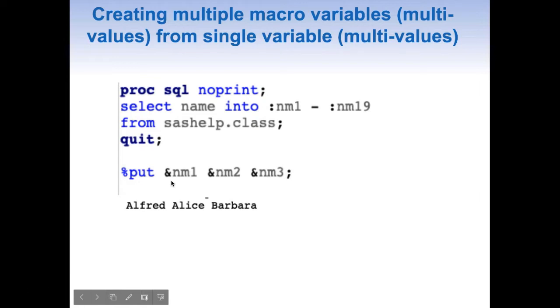Let's also do a percent put on ampersand nm1, ampersand nm2 and ampersand nm3. To find these values, we would need to go on to ampersand nm4 up to ampersand nm19. But before going into that logic, here you can see that nm1 has Alfred, nm2 has Alice, and nm3 has the value of Barbara.